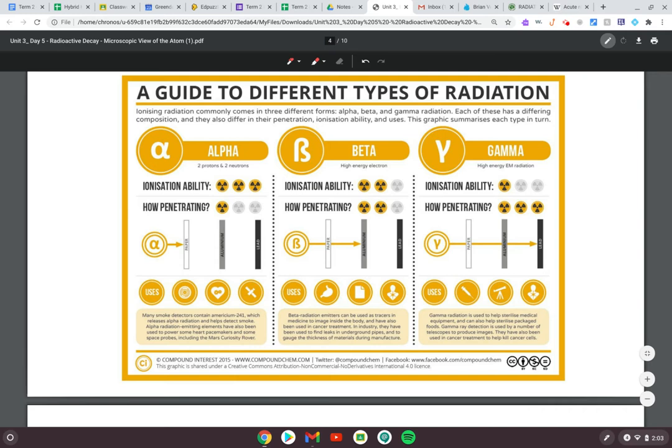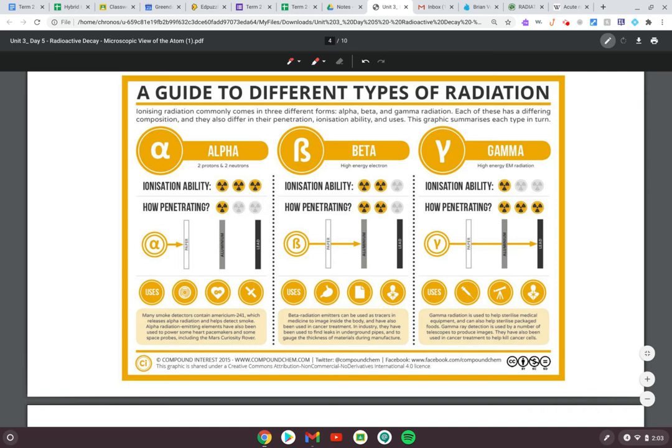So here's a little bit of food for thought, I suppose, when talking about the different types of radiation. Ionization ability is how quickly that particular particle can become an ion. And then penetrating is how deep it can go, or what it can go through. So the alpha particles can ionize relatively easily.